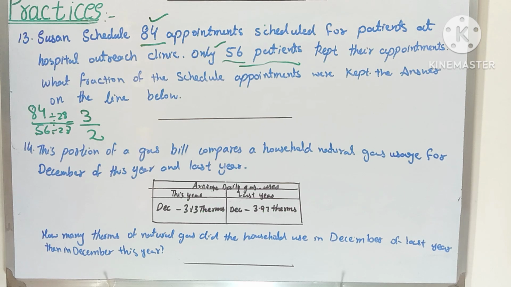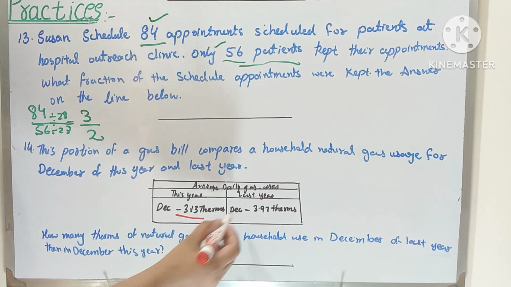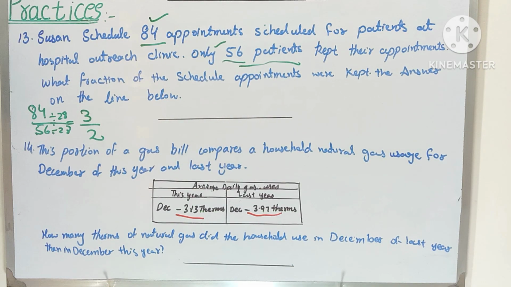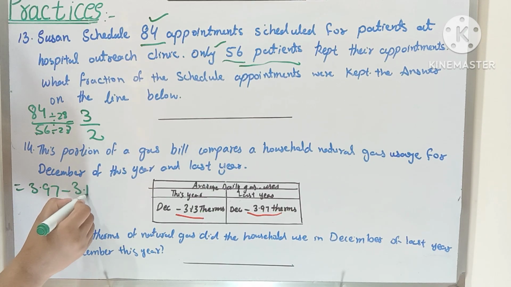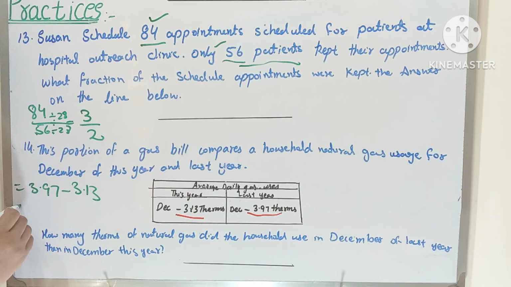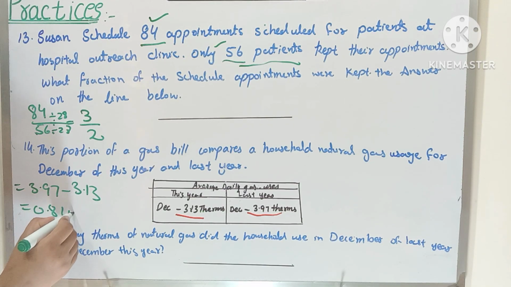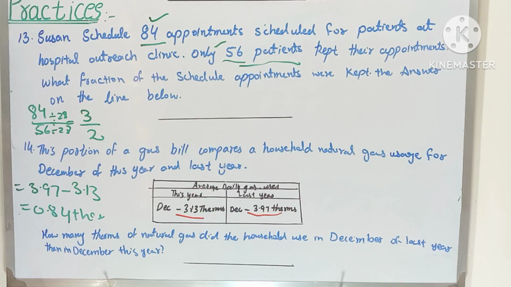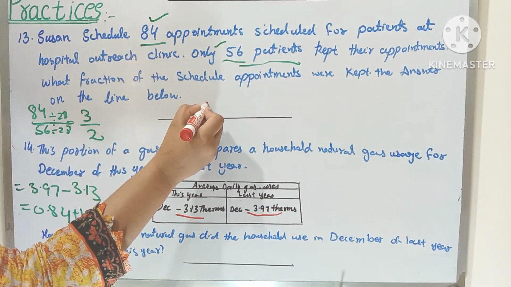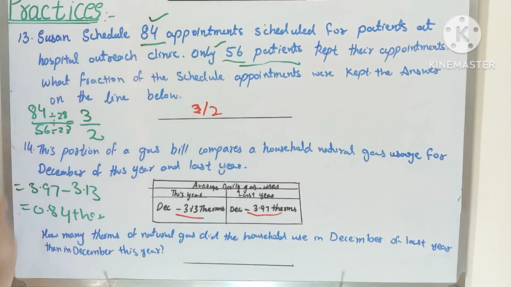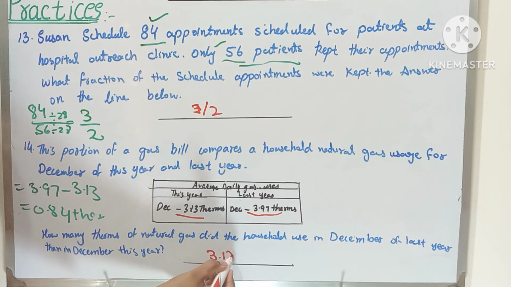This year 3.13 therms and last year 3.97 therms. So, step-by-step solution: 3.97 minus 3.13. So my answer is 0.84 therms. I write my answer on the number line.